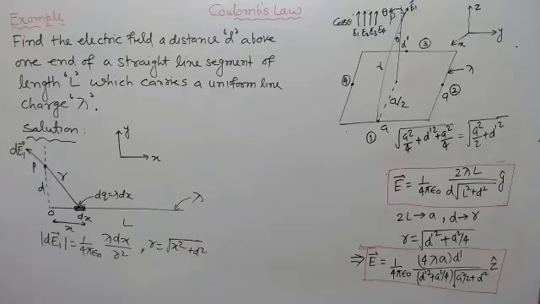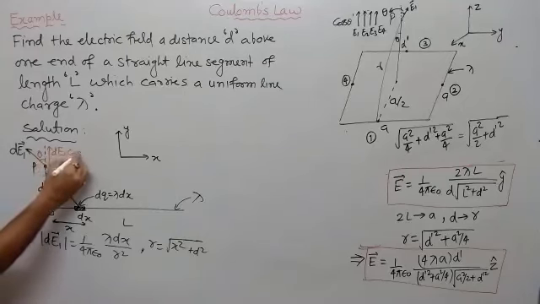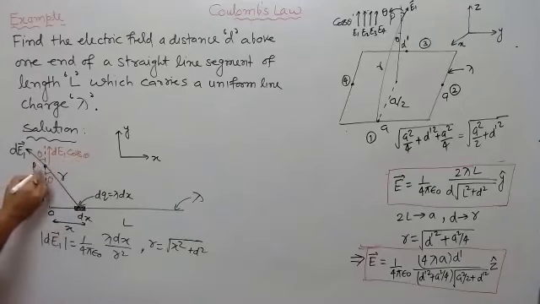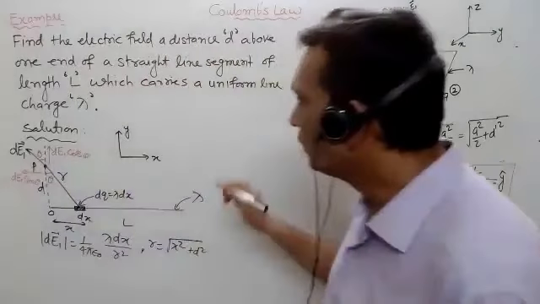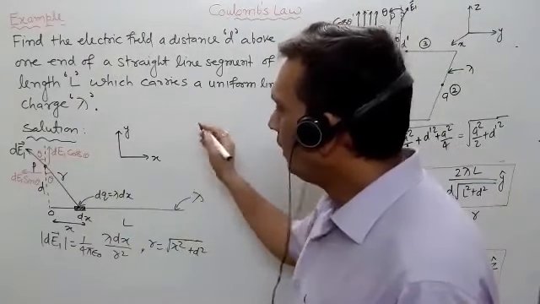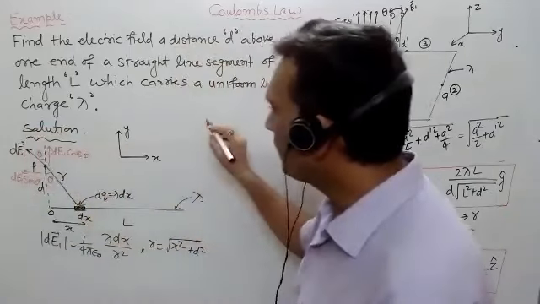Now in this case, if you resolve dE1, you will get two components. One is this component, dE1 cos theta, and another component is dE1 sin theta. So the resultant field will be along the y direction and the minus x cap direction.